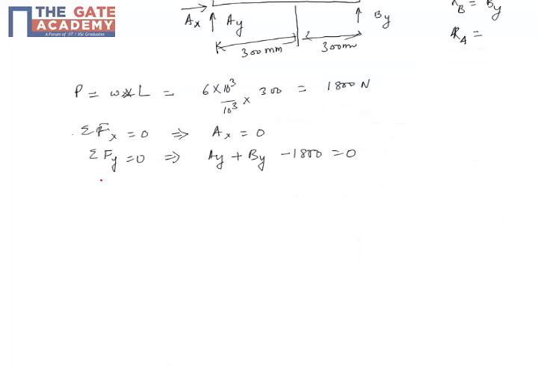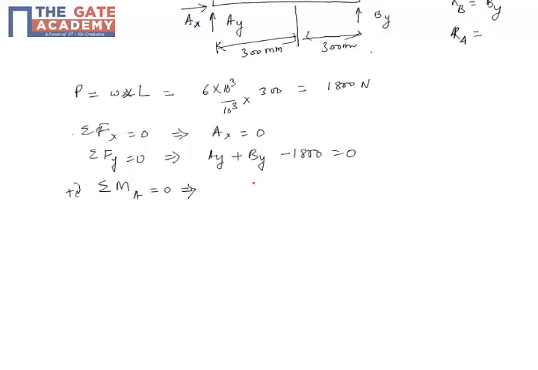Moment about any point is 0. I take it about A because A has two unknowns, Ax and Ay. Ax is anyhow 0, so the moments of Ax and Ay are 0. I take clockwise moment as positive. It's again a matter of choice; you can take anti-clockwise also, it doesn't matter.